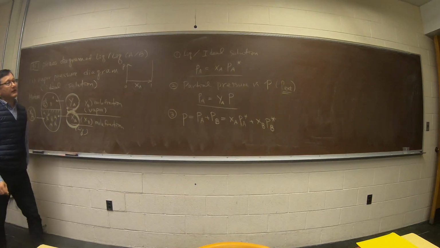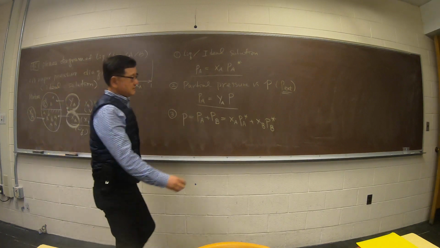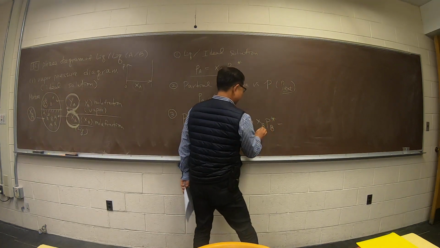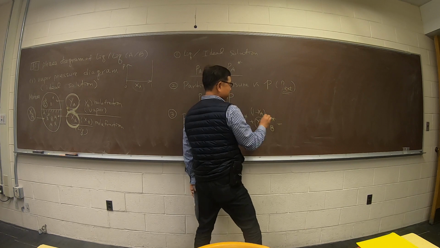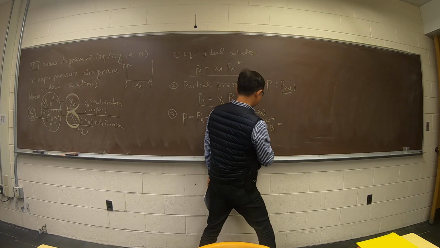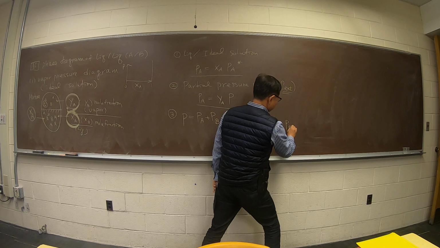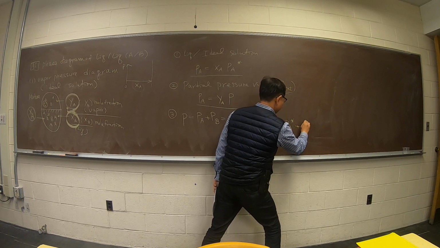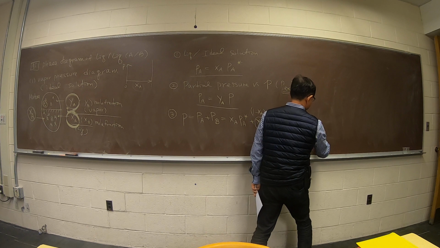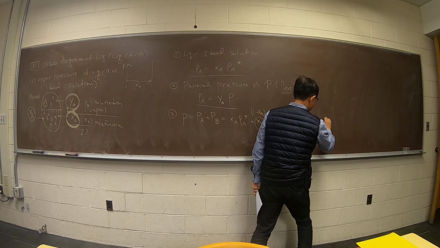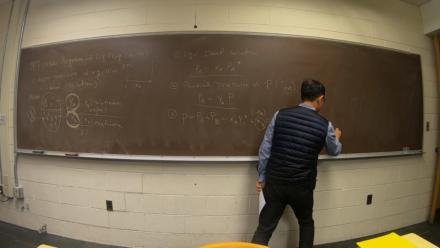That's using the same thing, but now I want to describe this in terms of 1 minus XA, so that only one variable is being used. So this one becomes PB star plus PA star minus PB star times XA.